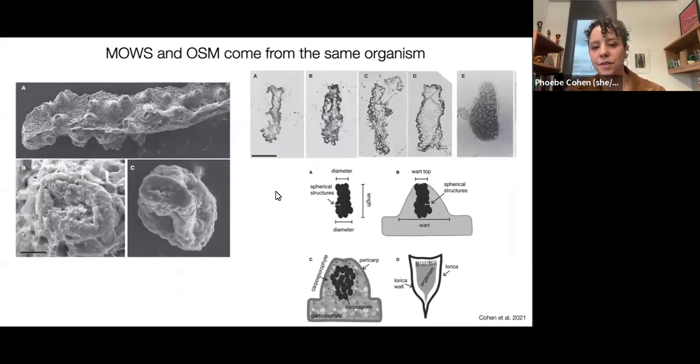And so the size and morphology of these are statistically indistinguishable. E is an example of a red algal carpospore, so essentially a juvenile red algae. So a lot of morphological similarity, although the sizes are a little bit different. So our idea is that essentially the warts are producing these spores and that they are not ciliates.